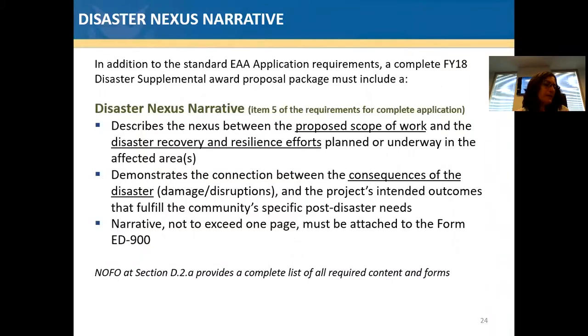So for example, as we discussed before, for those areas of the country where they might have had disasters in 2017 and then also in 2018-19, it will be particularly important for them to draw the line between the project and the disaster, which will then help determine which pot of money they will want to apply for.